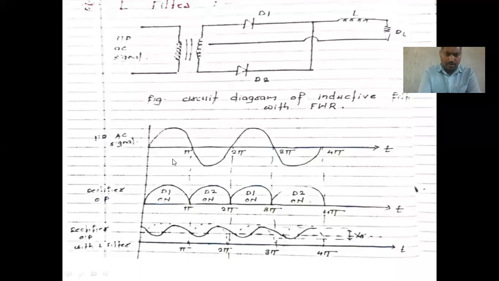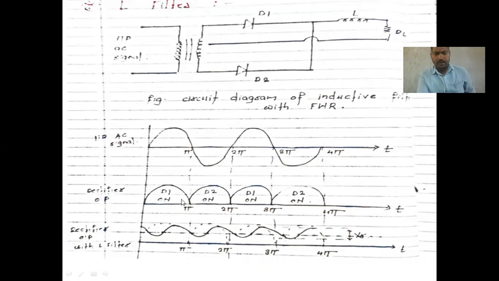Means in case of your inductor, it opposes the change of current, so it is the same as the earlier diagram. It has some noise also coming with respect to this type of diagram. This is the regulated pulsating DC, but unregulated pulsating DC voltage is coming across your load.